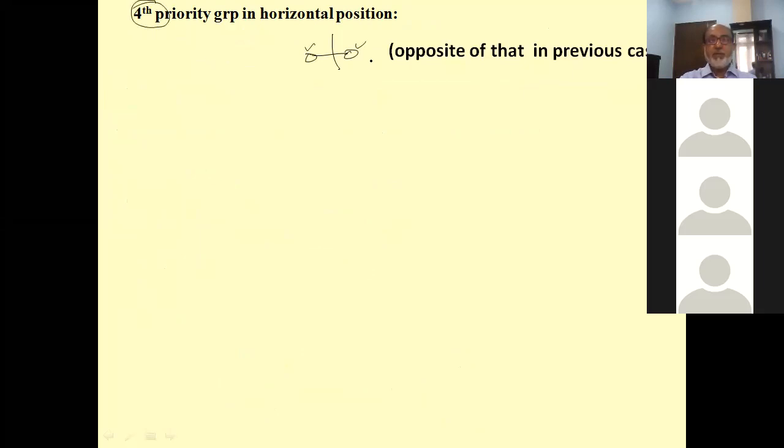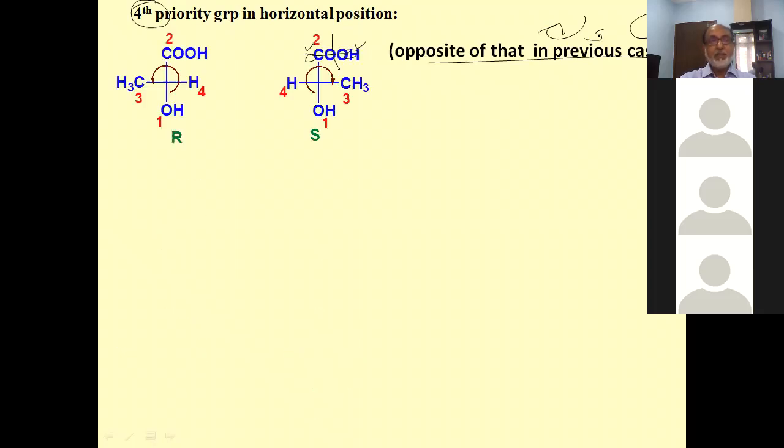So if your fourth periodic group is in this rotation, opposite to that of the previous case. If you are getting clockwise, it is not R, rather it is S. And if you are getting anti-clockwise, it is not S, rather it is R. Simple.